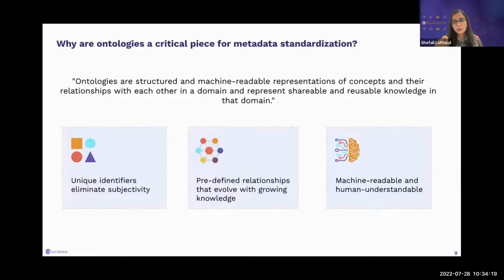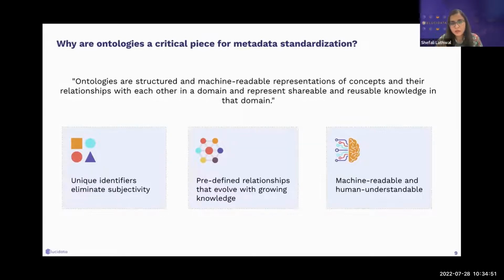A third really critical piece for us is that ontologies are both machine readable and human understandable. Machine readable is really critical because we are working with data at very high volumes, at very large scales, and because ontologies are structured in a very specific way so machines can read them, we can integrate these ontologies into our data pipelines, which is how we currently operate.